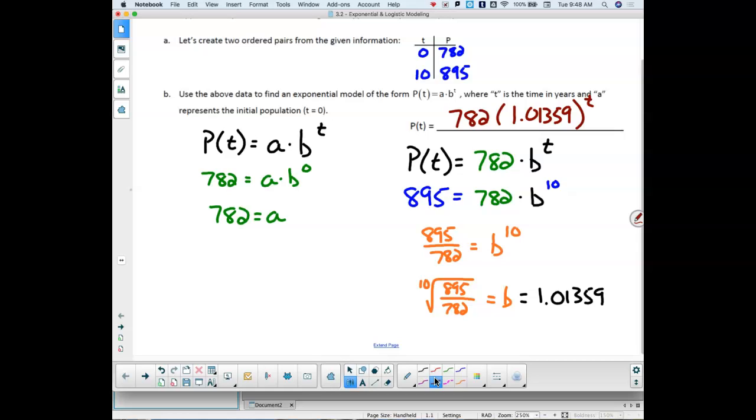So there is my exponential model in the form a times b to the t power.